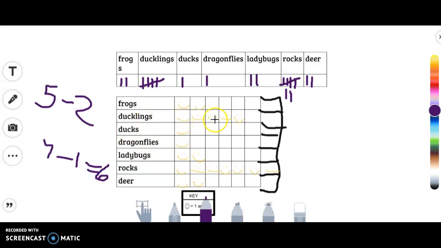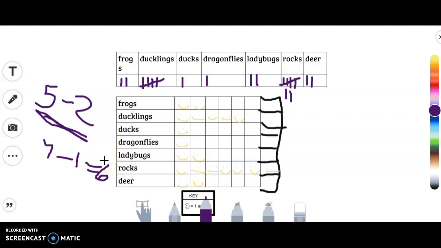Well, there's 1, 2, 3, 4, 5 ducklings, and there's 1, 2 ladybugs. It's a lot like this one. 5 minus 2, because there were 5 ducklings and 2 ladybugs. So what did that one equal before? Pause the video. 5 minus 2 equals 3. There are 3 fewer ladybugs than ducklings.